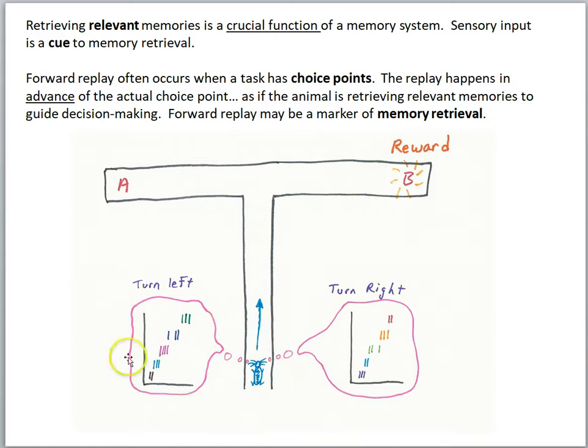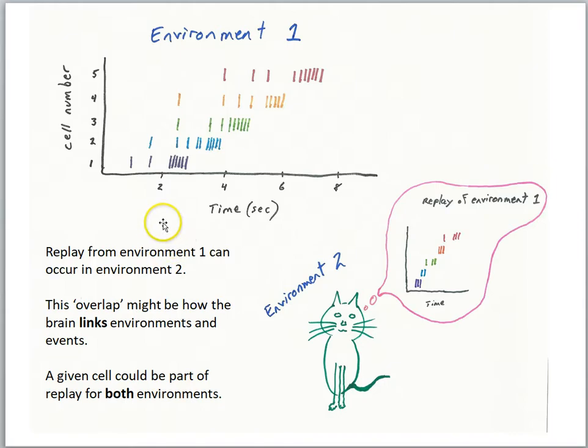In other experiments, scientists have recorded from place cells in environment 1 and then put the animal in environment 2. And sometimes they will record a replay of the place cell activity from environment 1. And this is interesting. So replay from environment 1 can occur in environment 2, and this overlap might be how the brain links environments and events.